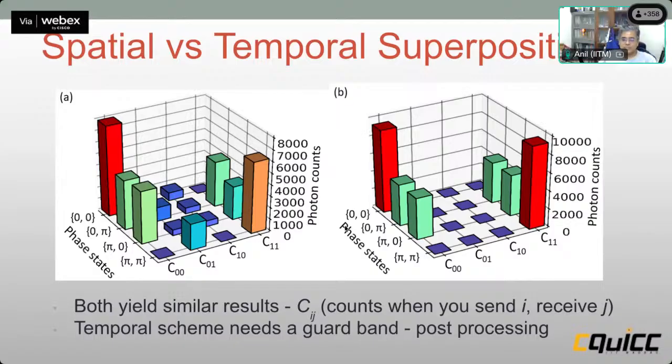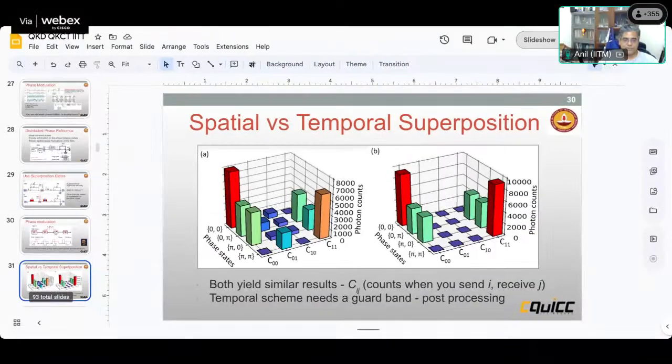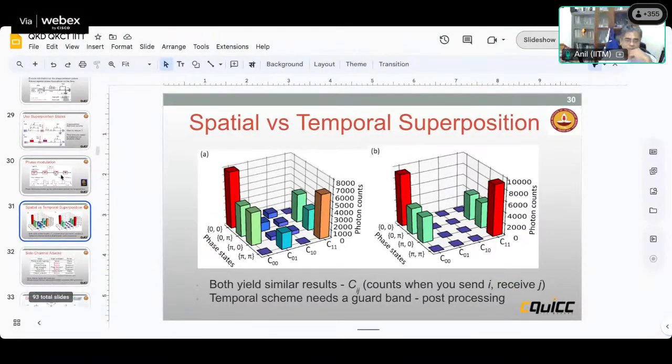The total counts are similar, but you do need to spend a little more time post-processing in scheme B, which is not too bad. Even today's computers can post-process very fast, right? So this is an interesting way of sending information on a photon where you manipulate its phase using what is called differential phase shift key, right? So that's one nice example.